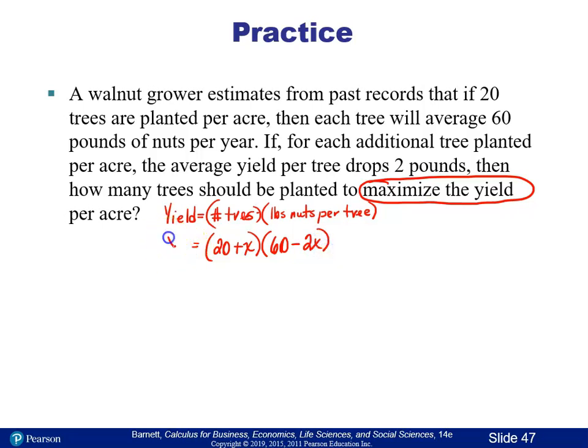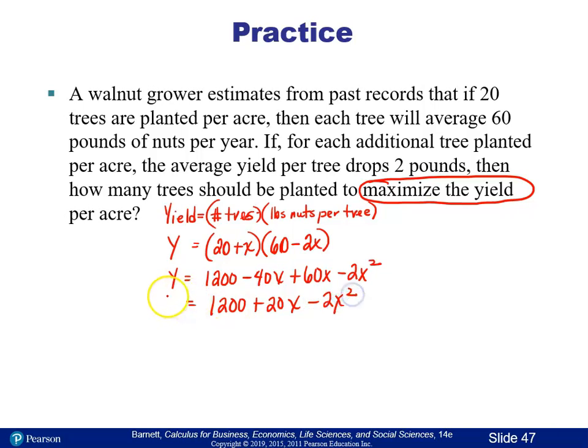So we multiply this out: 1200 minus 40x plus 60x minus 2x squared. So 1200 plus 20x minus 2x squared represents our total yield per acre.